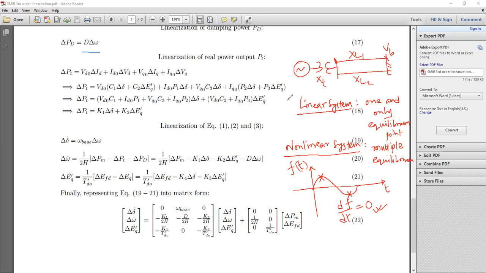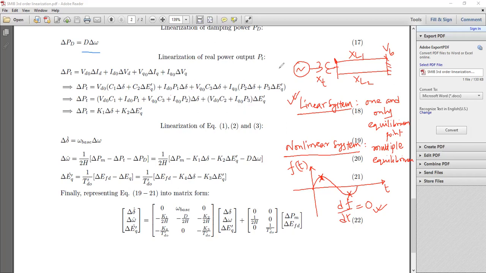if you're talking about a linear system, either you linearize with respect to this point or you linearize with respect to that point. So you have to find out for which equilibrium point you are going to design your control system, or analyze the open loop or closed loop stability.